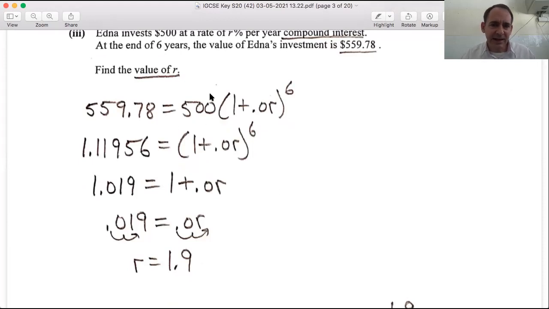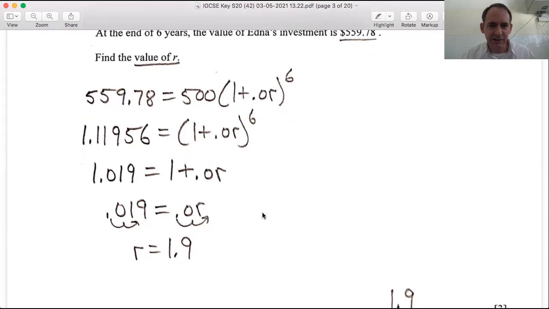So we're going to divide the 500 to the other side, since it's multiplying our parenthesis. We get 1.11956. Then we're going to 6th root both sides. On your calculator, you can either use the exponent key and raise it to the 1/6 power, or use the radical key and make sure the index number is a 6.